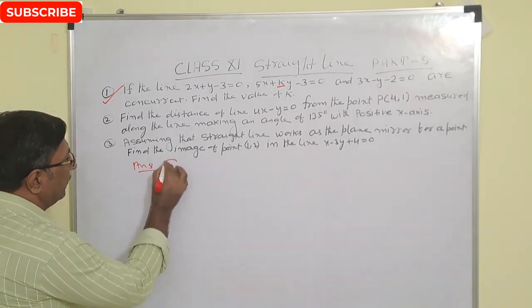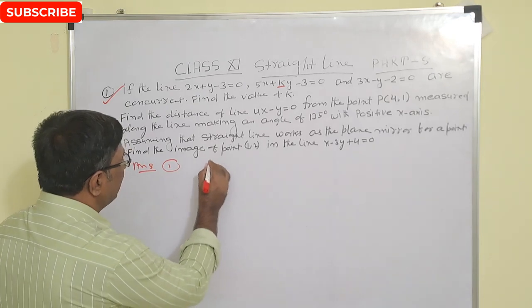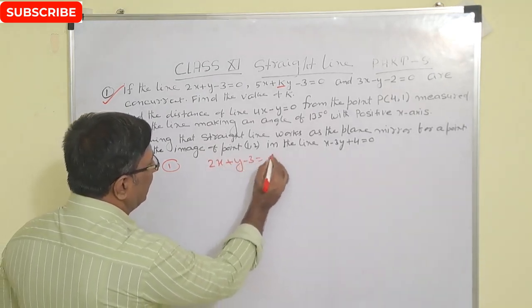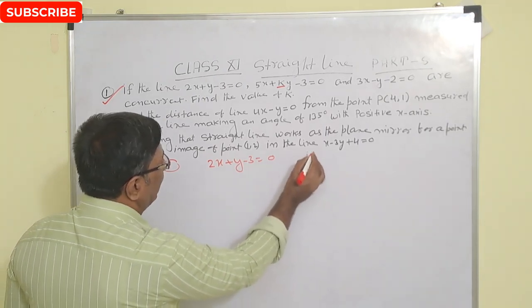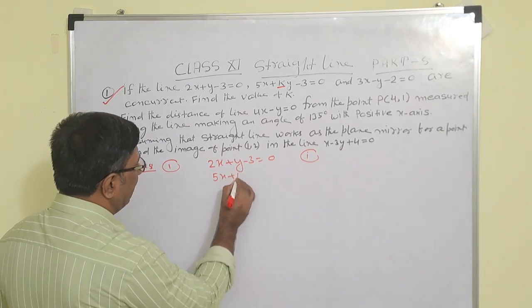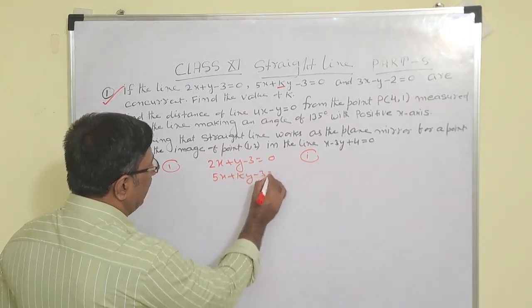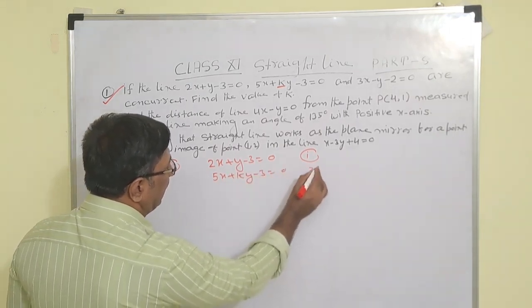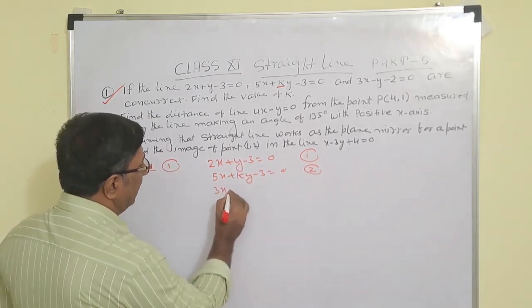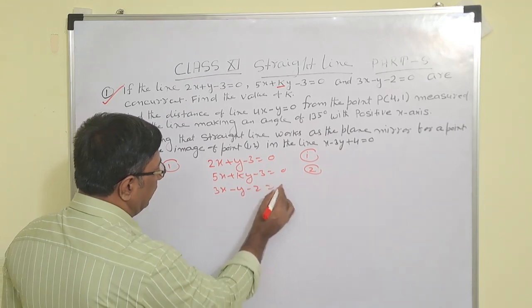So the first equation is given, 2x plus y minus 3 equal to 0. The second equation is 5x plus ky minus 3 equal to 0. And the third is 3x minus y minus 2 equal to 0.